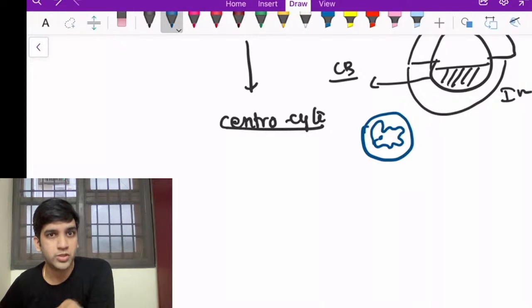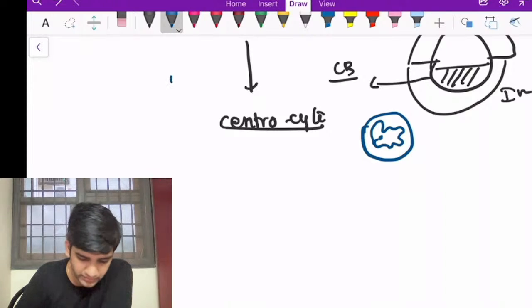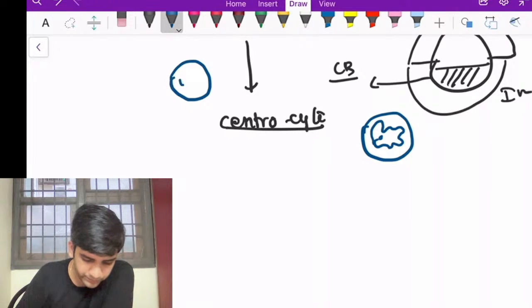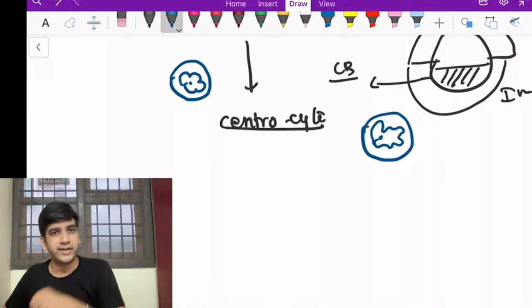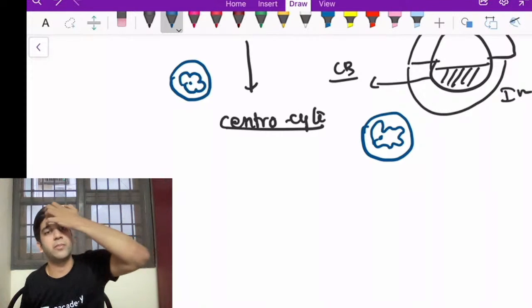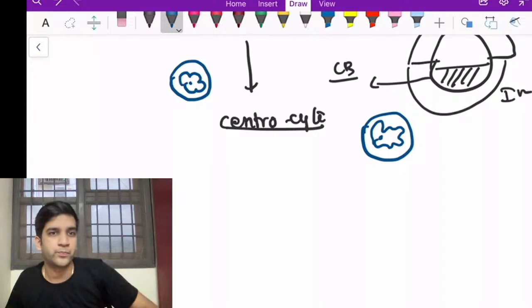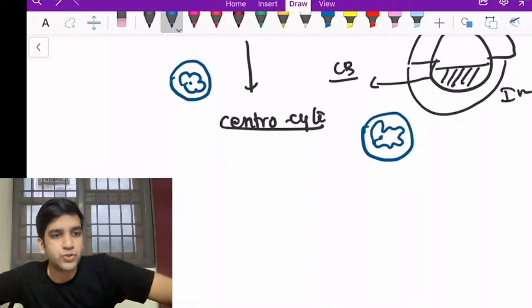Okay, there's one more tumor which comes from centrocyte. I'll draw the nuclei. I'm sure you'll be able to remember it. We had a cell nuclei like this. Which nuclei is that? What comes to your mind? It's just an irregular nuclear membrane. What comes to your mind looking at this image? I'm sure at least one thing should come to your mind.